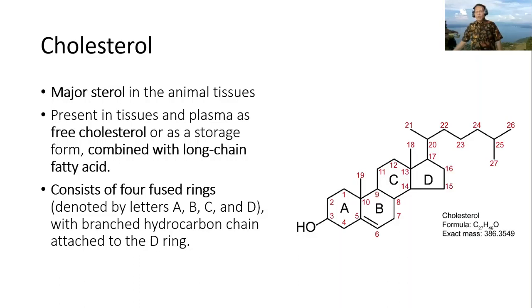Cholesterol is present in tissue and plasma as free cholesterol or as an ester form combined with a long-chain fatty acid. It consists of 4 fused rings denoted by letters A, B, C, and D with a branched hydrocarbon chain attached to the D ring.